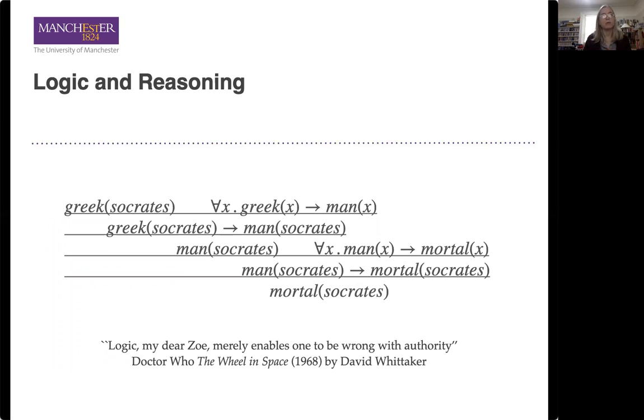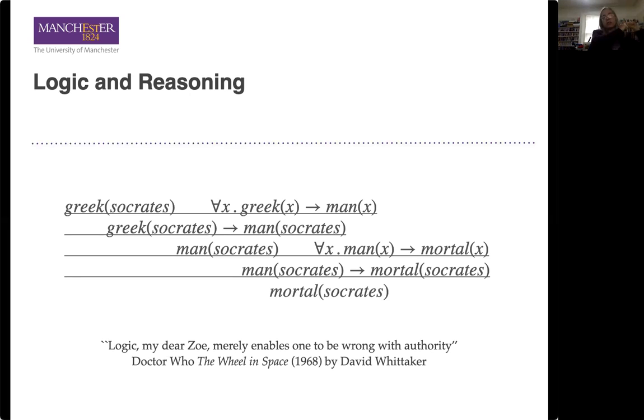And obviously, what you can then do is use these inference rules. You have some facts about the world, for instance, that Socrates is Greek, that for all x, if x is Greek, then x is a man, and for all x, if x is a man, then x is mortal. And you can use these inference rules to deduce that Socrates is mortal. So on the top line here, we've got these two facts: Socrates is Greek, and for all x, if x is Greek, then x is a man.